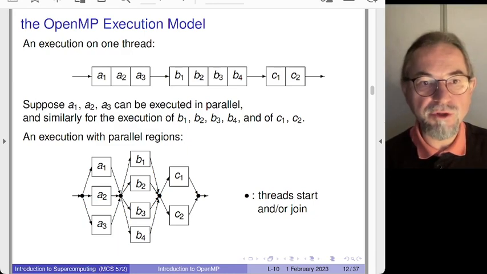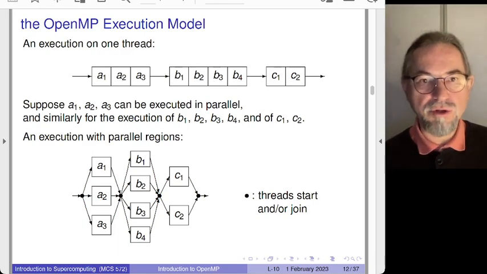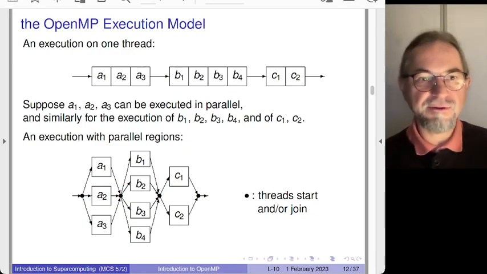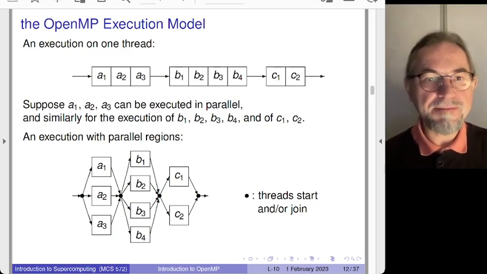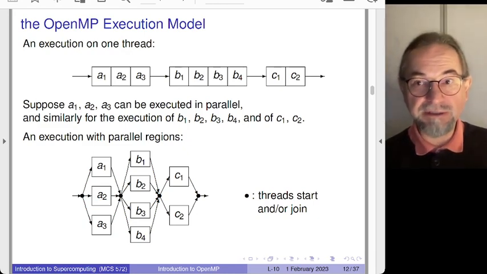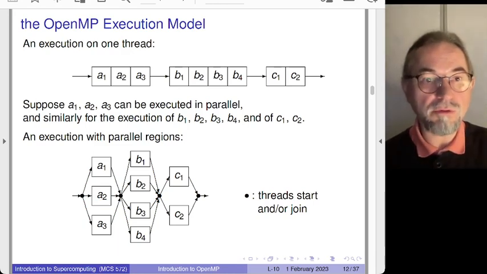So OpenMP works with parallel regions. In one sequential program, you have here three regions, the A region, the B region, and the C region. And the blocks, essentially, can be executed in parallel. So A1, A2, and A3 are instructions that can be executed in parallel. The level of parallelism is so fine that we can think of even individual instructions, but typically this could be a subroutine call.